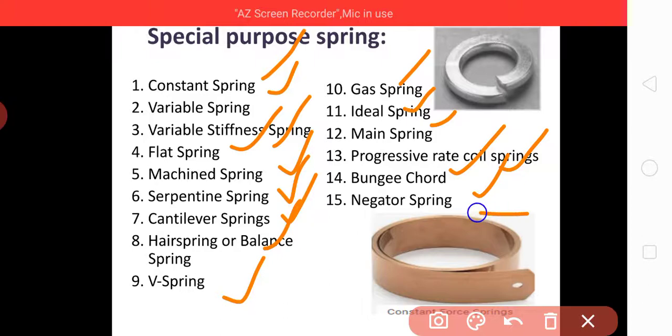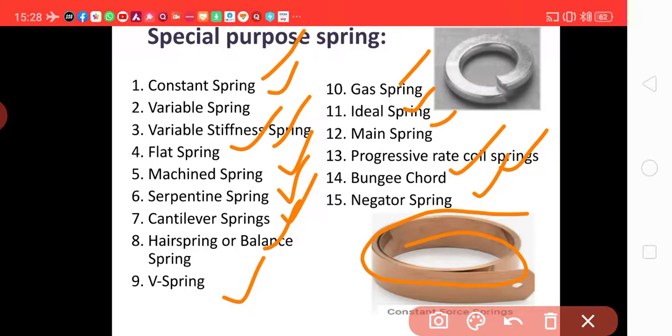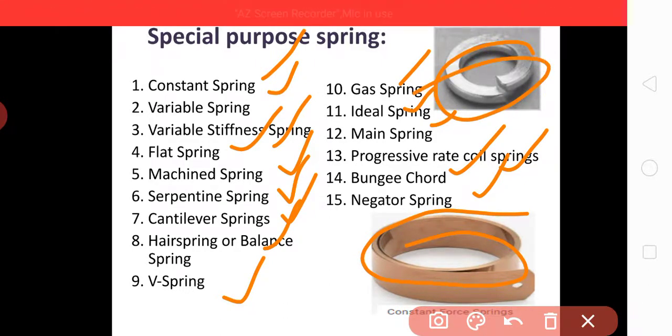This is one of the constant force springs. This is the spring washer, used to tighten the bolt over it. It continuously forces the nut over the bolt so that the nut does not get loosened due to vibration.